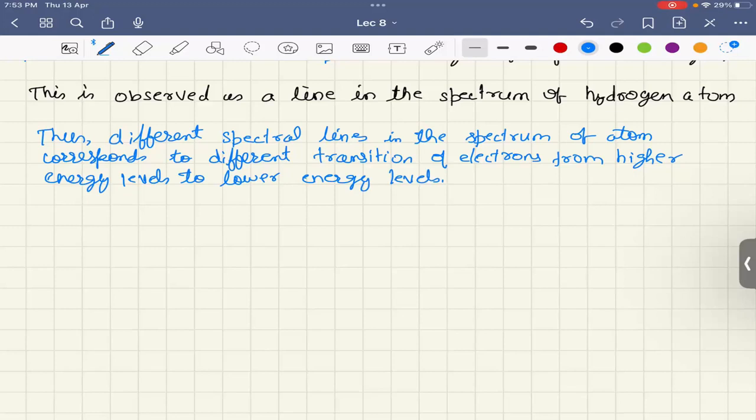Now, this we talked about only for the case of one electron. Imagine if there were many electrons.